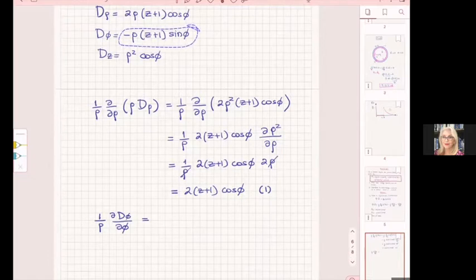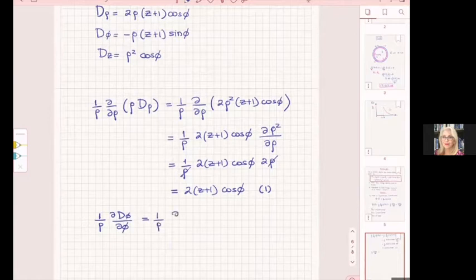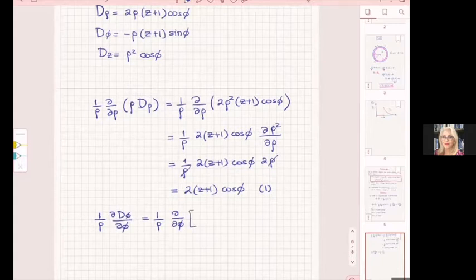So we have 1 over rho partial with respect to phi of minus rho (z plus 1) sine phi, which is minus (z plus 1) cosine phi.